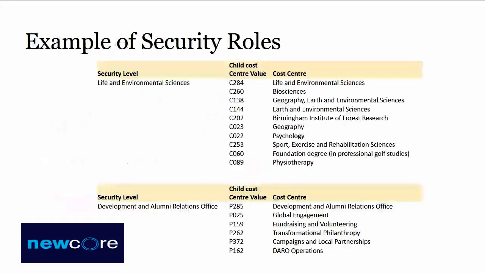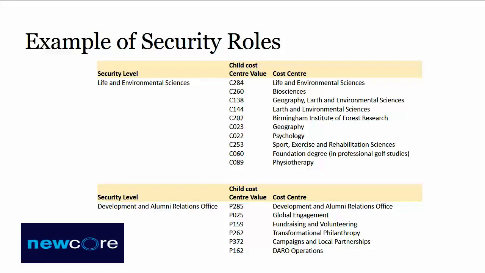To bring it to life, you have an example of LES and DARO. If you are in LES, you will have access to these cost centers. That means you effectively have access to the whole college, and that is one of those 38 groupings. So if you want to raise a requisition within LES, you will be able to find a cost center that is different to your cost centers within LES, but you will not be able to select DAROs, because that is outside your security roles, unless we give it to you.